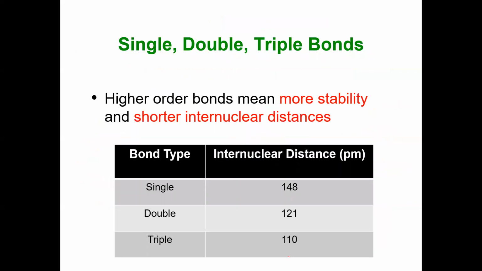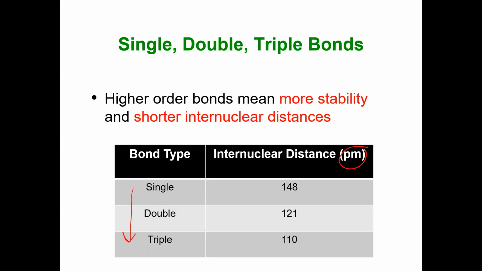One of the things you should know about single, double, and triple bonds is the more electrons shared means the closer the two atoms will be. So the internuclear distance, you can think of that as the length of the bond, shortens as I have more shared electrons. PM stands for picometers.